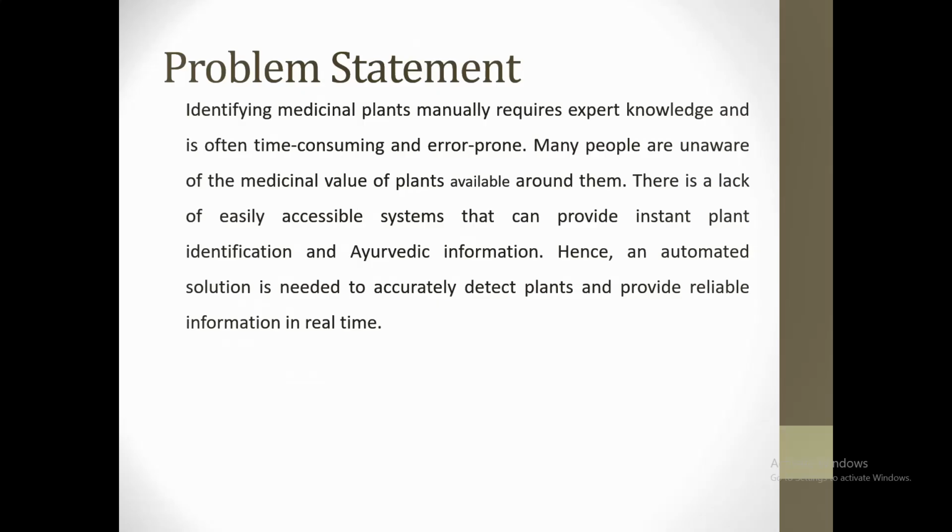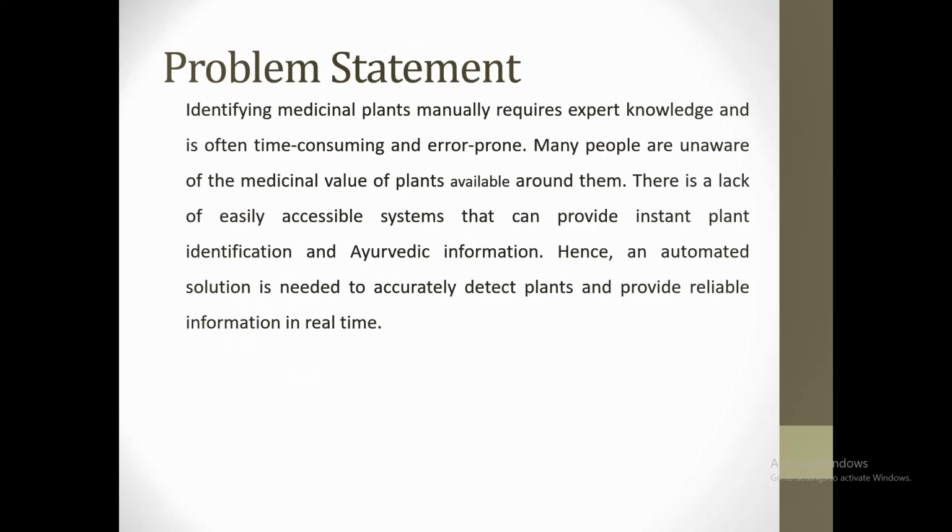So problem statement. As I said before, identifying medicinal plants manually requires expert knowledge and it is often time consuming. A common man can't know what all the benefits of a particular plant are. By referring to so many books or other videos, one can get to know, but it is not an easy task.